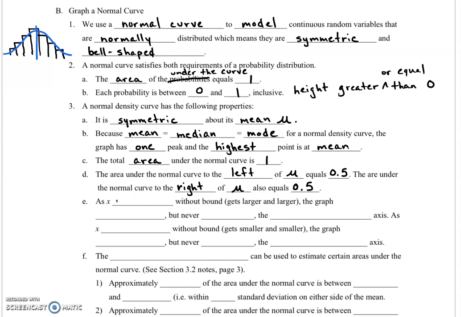So as x increases without bound, meaning it gets larger and larger, the graph approaches but never actually touches the horizontal axis.